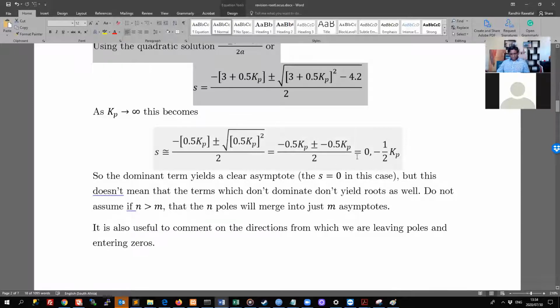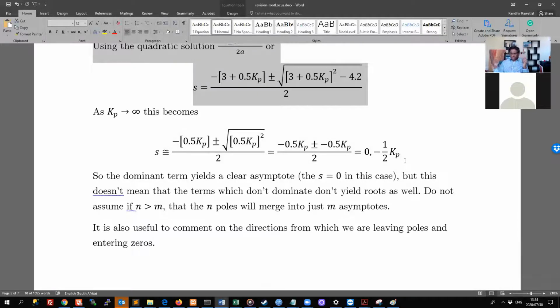And so we can see, we can either choose minus 0.5 Kp plus 0.5 Kp, which is a 0, or minus 0.5 Kp, so that's minus 1/2 Kp. So those are the two values of the root as Kp goes to infinity.